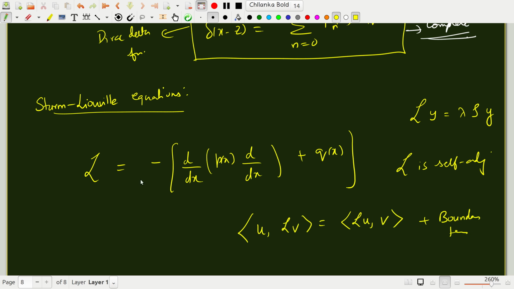If I take this operator where p of x and q of x are functions and solve this eigenvalue problem, this operator will satisfy this always, and you can choose the boundary terms to be identically 0. Then this operator is guaranteed to have orthogonal eigenfunctions. Now this is a very general operator. If I put p of x is 1, q of x is 0 and rho is 1, you have the usual eigenvalue problem for sines and cosines.